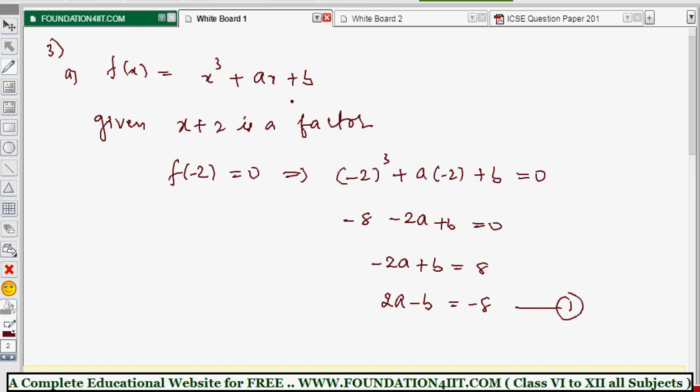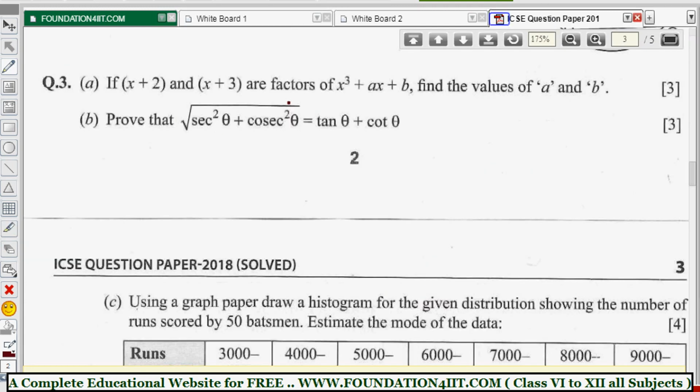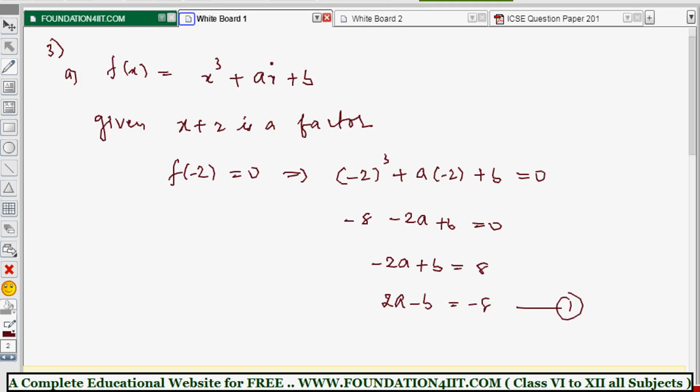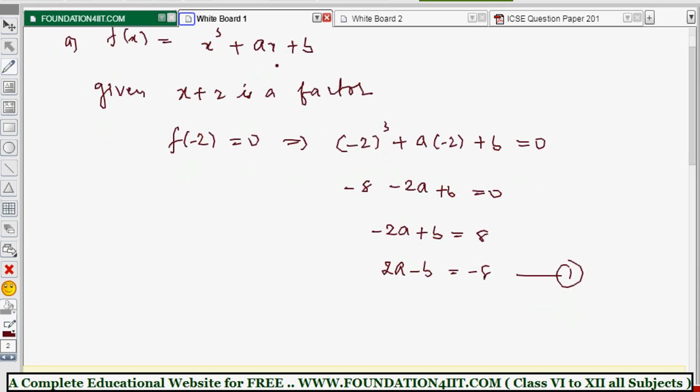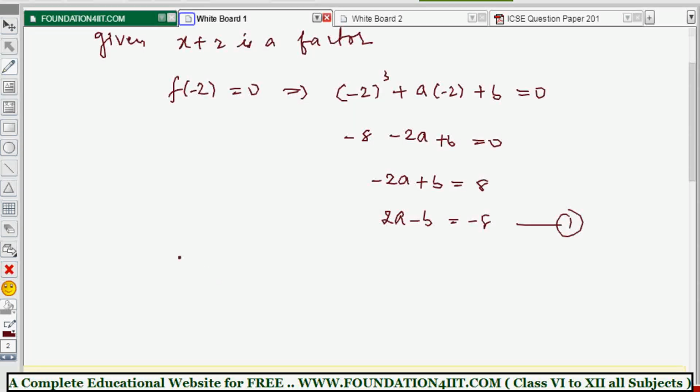Now again one more factor is given. X plus 3 is a factor. Same, if x plus 3 is a factor, then f of minus 3 is 0.